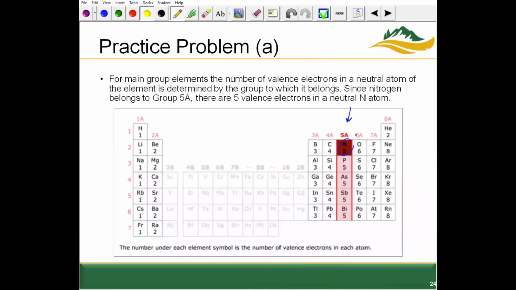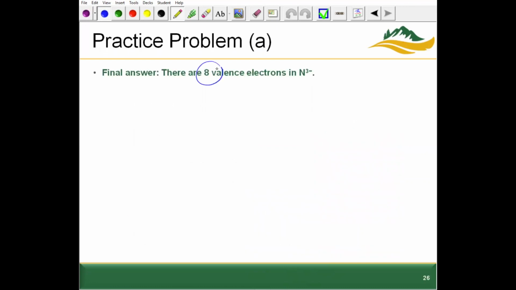You could also just look and see that nitrogen neutral has 5 valence electrons. Then for N3- or nitride, that's 3 additional valence electrons. 5 plus 3 is 8 valence electrons. So that is the final answer for the number of valence electrons in this anion.